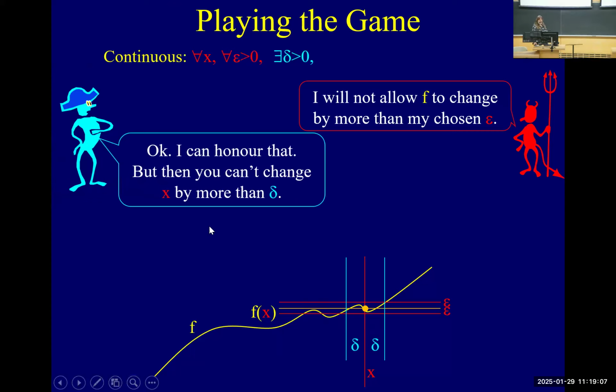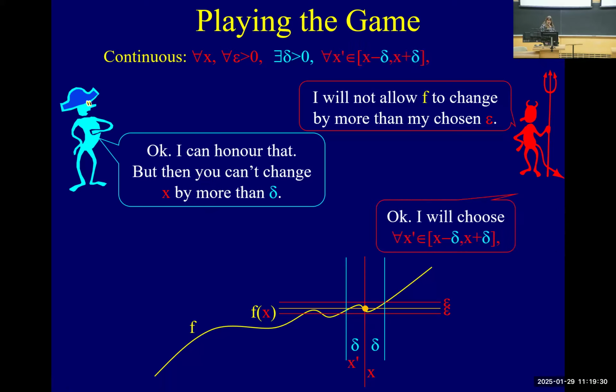So, but the key is, now I'm going to counter. I will keep my function within epsilon, but I'm going to come up with a delta, and you need to keep your x within that delta.